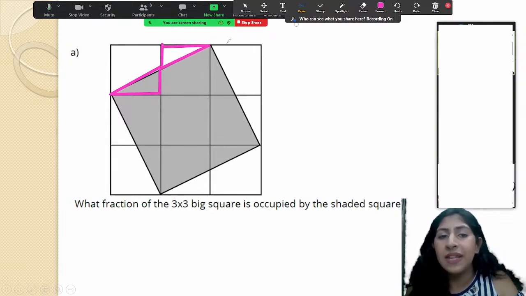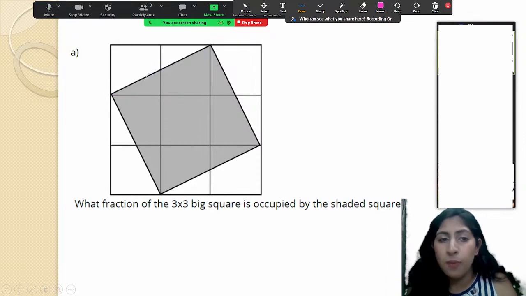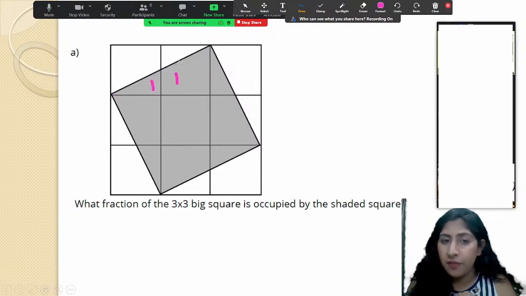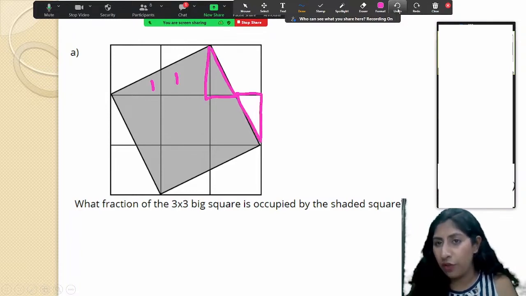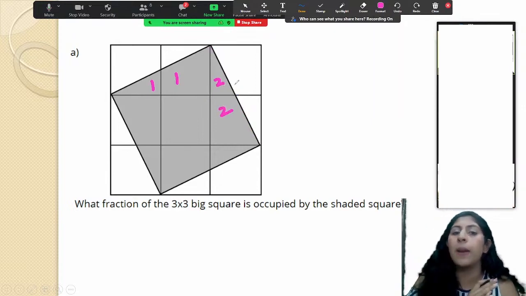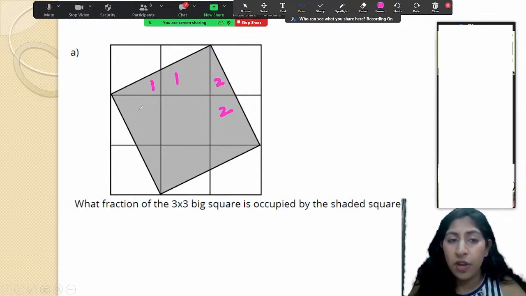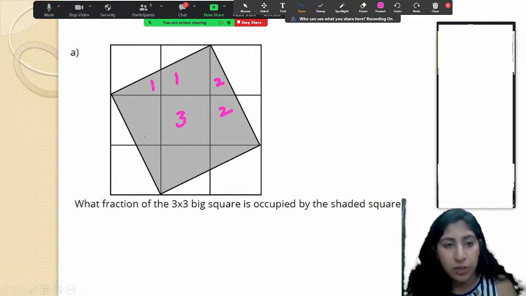So when you combine this shape together and this shape together, this in total forms one square, right? Similarly, the shaded part over here is the part that is unshaded over here. So this combined together becomes square number 2.